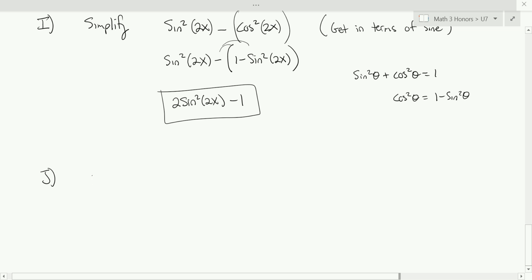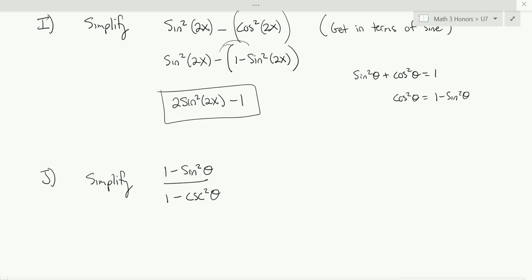Next one, simplify 1 minus sine squared over 1 minus cosecant squared. On this one, can I take the cosecant and move it to the top?